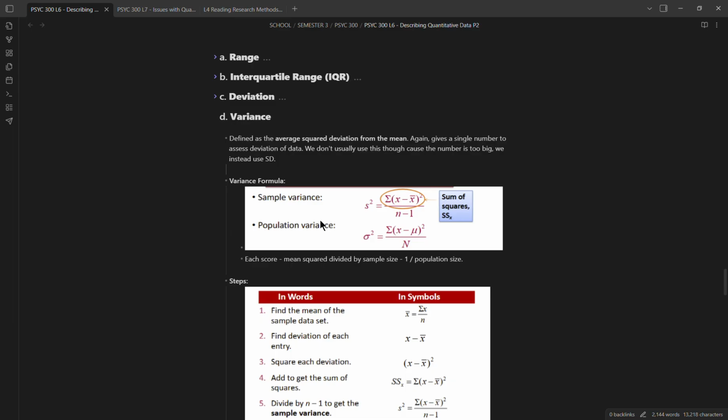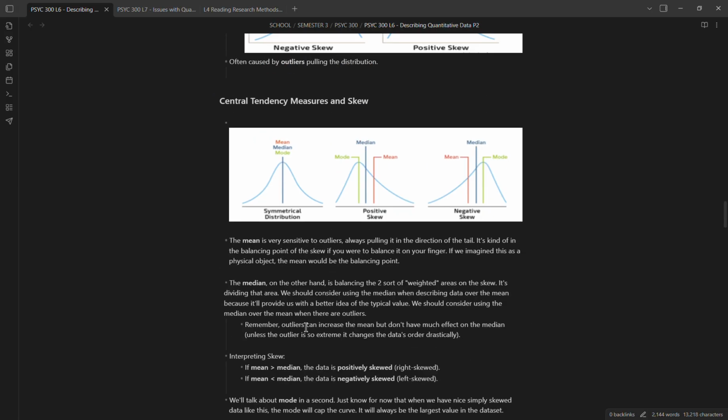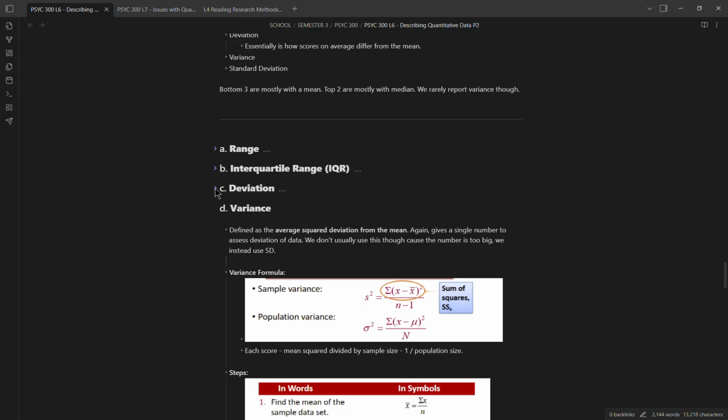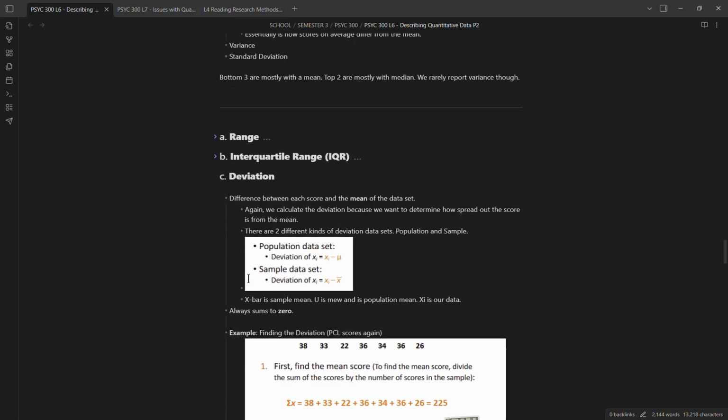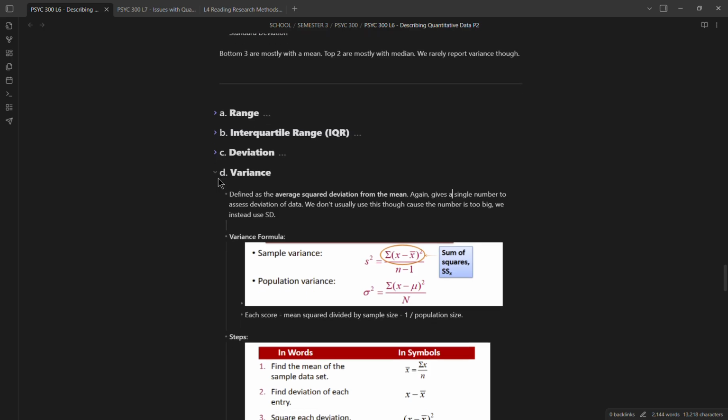For sample variance, it's this formula called the sum of squares. So it's our sigma notation times our deviation. Okay. So the formula for variance is, if you look at the screen, it's right there.